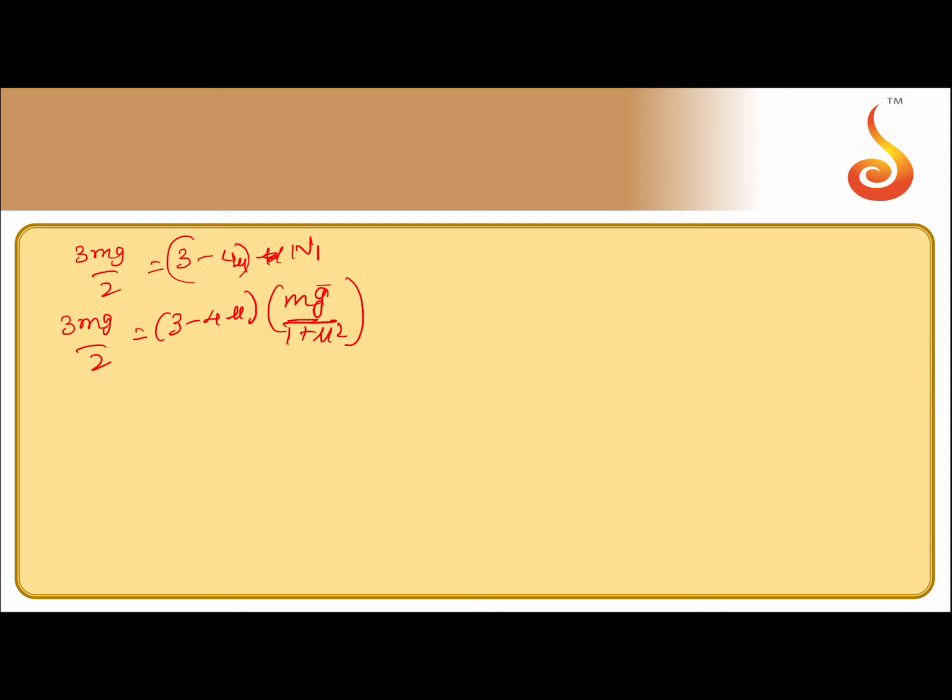So now mg and mg cancel and we have a quadratic in mu: 3 by 2 is equal to 3 minus 4 mu over 1 plus mu square.